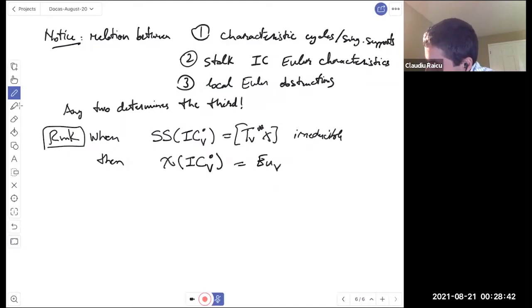Maybe I should emphasize that this is a function; this is also a function on the point.